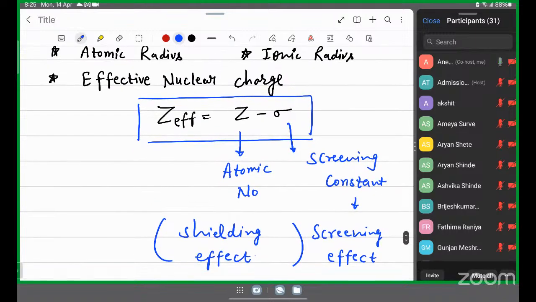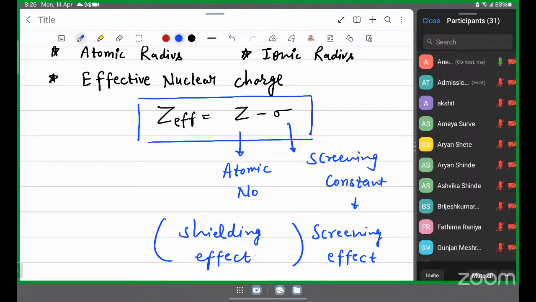Z effective is the net nuclear charge that will be working for the electrons in outermost cell. Why is it so that all of the nuclear charge will not be working? Because some of the nuclear charge will go against the electrons which are shielding outer electrons. Which are shielding outer electrons means inner electrons of an atom try to reduce the attraction force of the nucleus to the outermost electrons. This is known as screening effect or shielding effect.